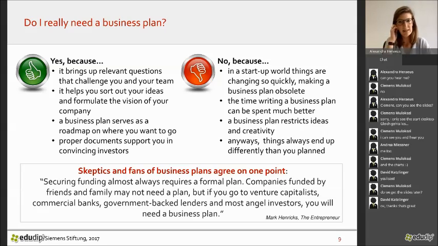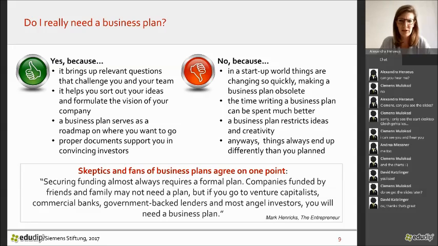On the other hand, there are the opponents who also have, I think, valid arguments in saying, for example, that in a startup world, as you probably will have experienced yourself, things are changing so quickly that writing a plan is not worthwhile, because the next day it might already be changing, and it's nothing that you can actually hold on to.